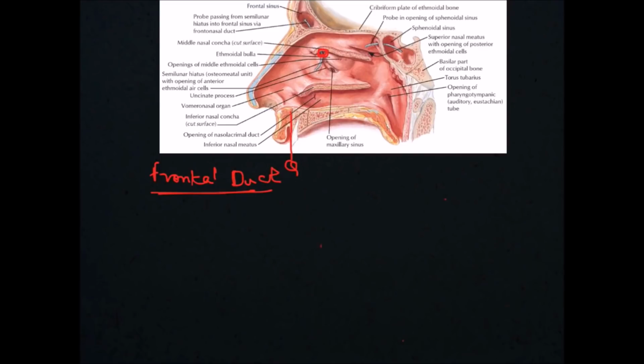On the bulla ethmoides, there will be opening of ethmoidal air cells. So which ethmoidal air cells? Now according to anatomy textbook, ethmoidal air cells are divided into anterior, middle and posterior. However, in ENT it is referred to as anterior and posterior.